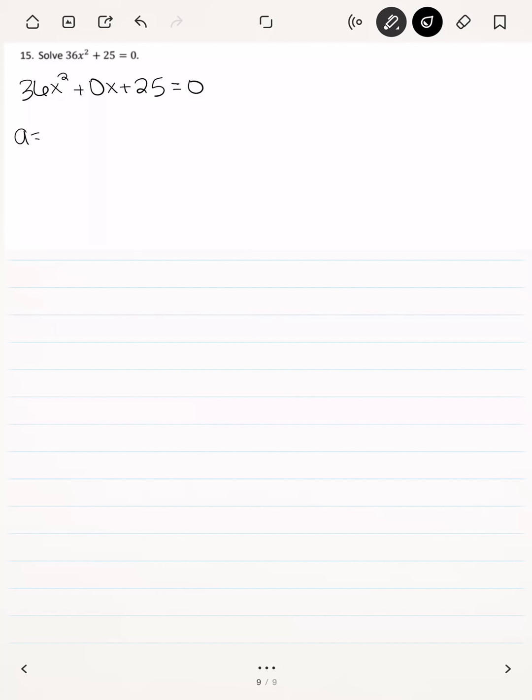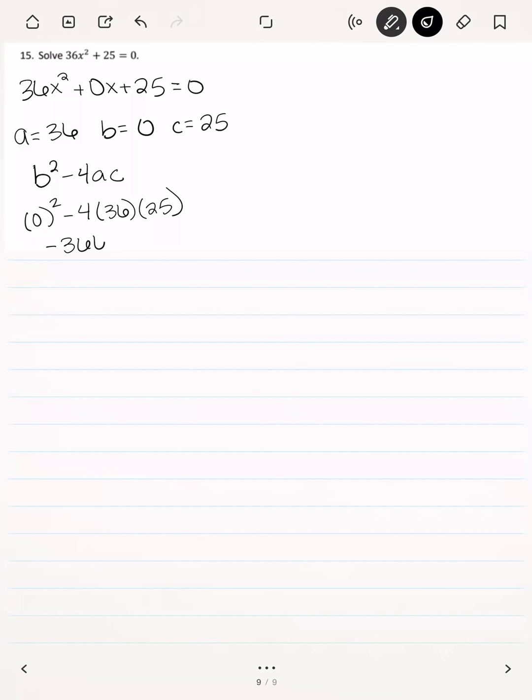So my a equals 36, my b equals 0, and my c equals 25. So I get b squared minus 4ac. I get 0 squared minus 4 times 36 times 25. When I type that into my calculator, I get negative 36,000.